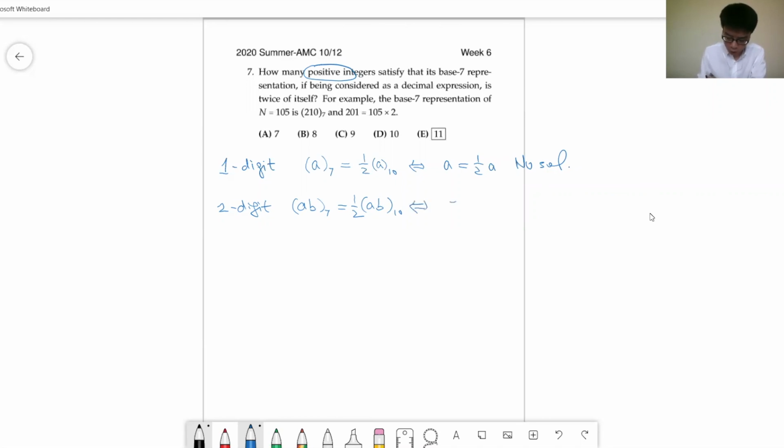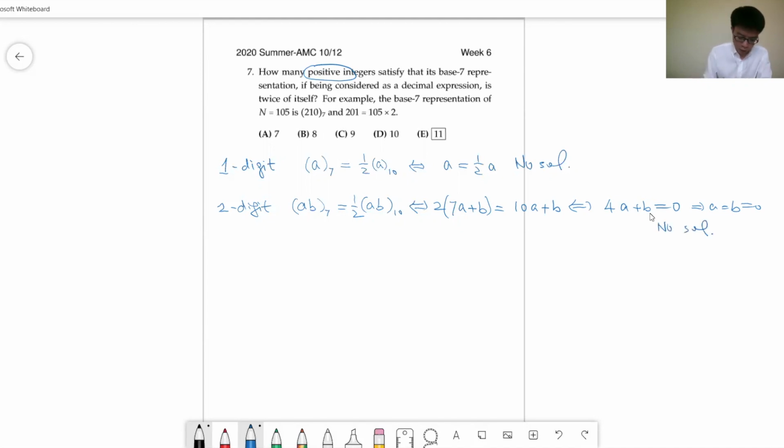So 7A plus B, and this is twice, equals 10A plus B. And then this can be simplified as 4A plus B equals 0. But A, B are non-negative, so they must both be 0. But this is not a solution. We're looking for positive numbers.